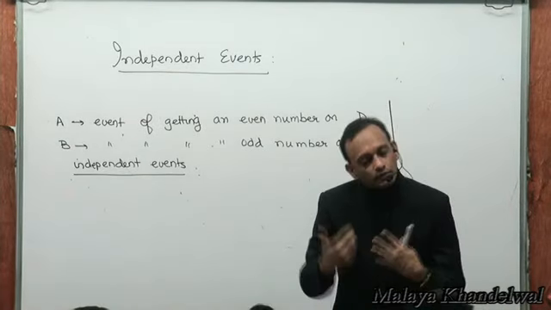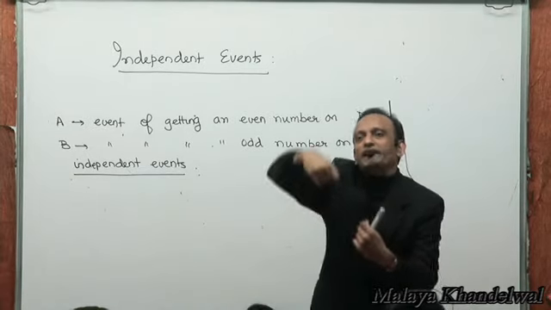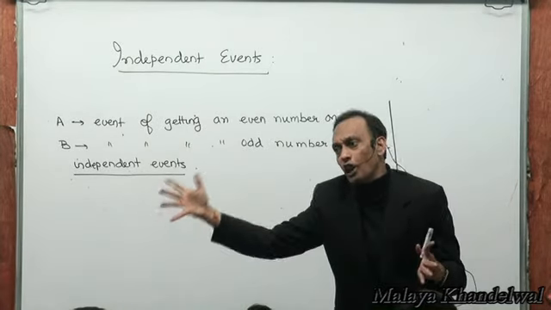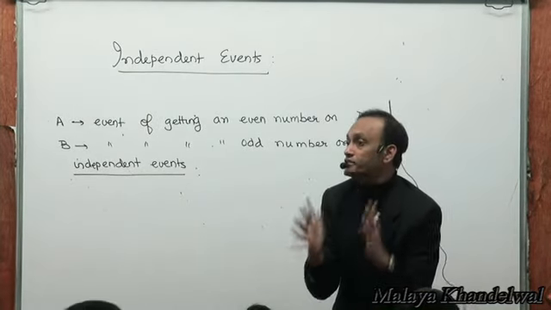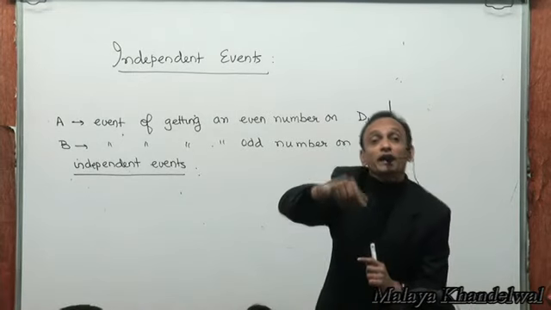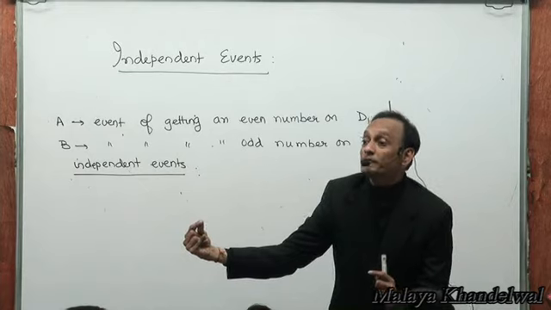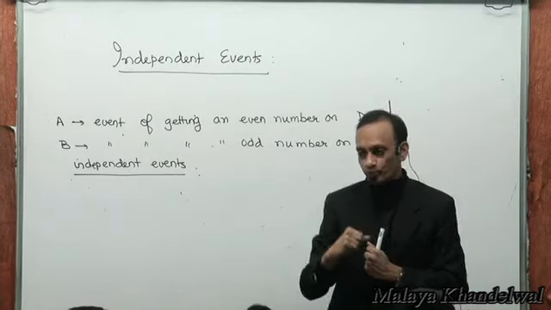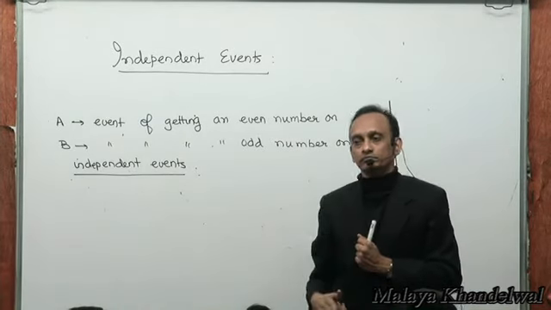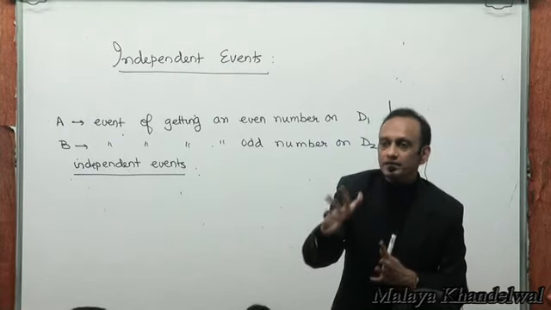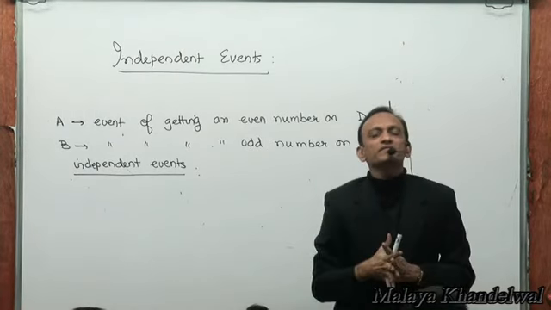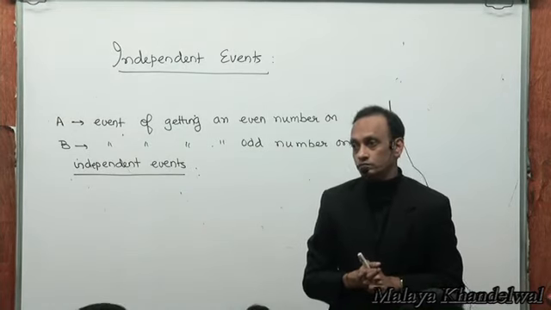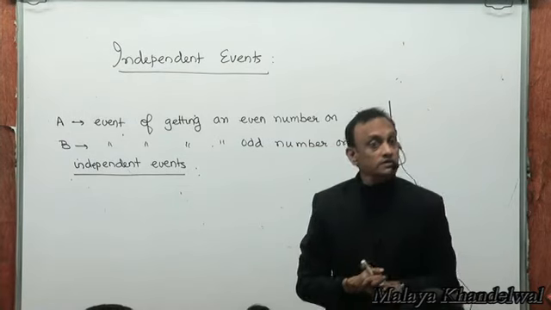So say A could have been an event of getting 3 in the first draw in a well shuffled pack of cards. Now, I replace that card. Whatever I've picked up, I replace that card. B is an event of getting 3 in the second draw.